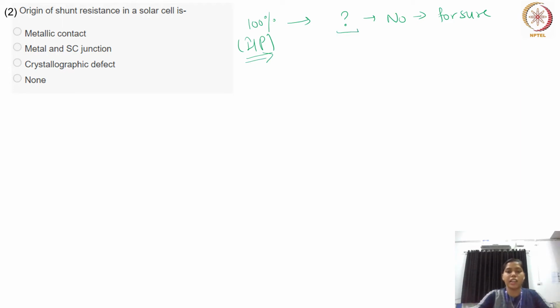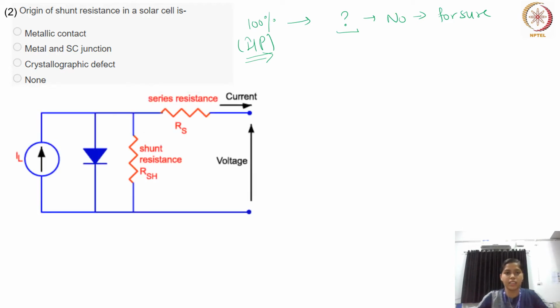So in case of the solar cell, now let's see an equivalent electrical circuit of a solar cell.